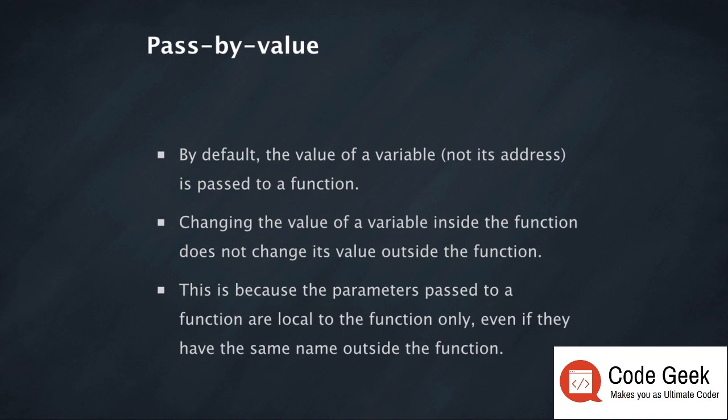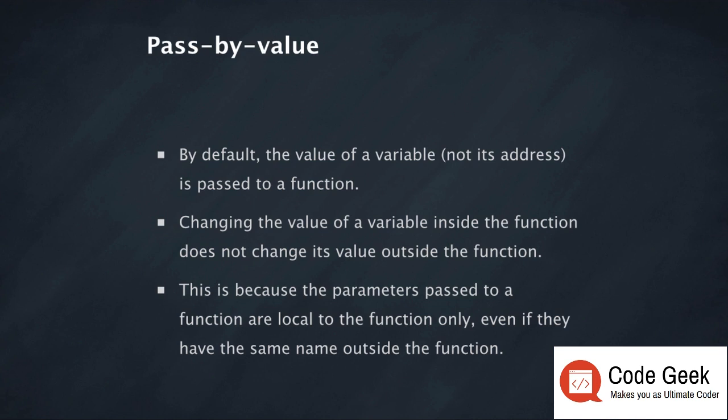Now, as far as swapping 2 integers, or 2 anything for that matter, you need to understand something. Probably your challenge was that you tried to pass those 2 integers. You knew that inside the function, the values were getting swapped, but outside the function, they weren't getting swapped. So you might have had some thoughts about that, but let me tell you what's really going on. By default, when we pass a parameter to a function, we are passing the value of that variable.